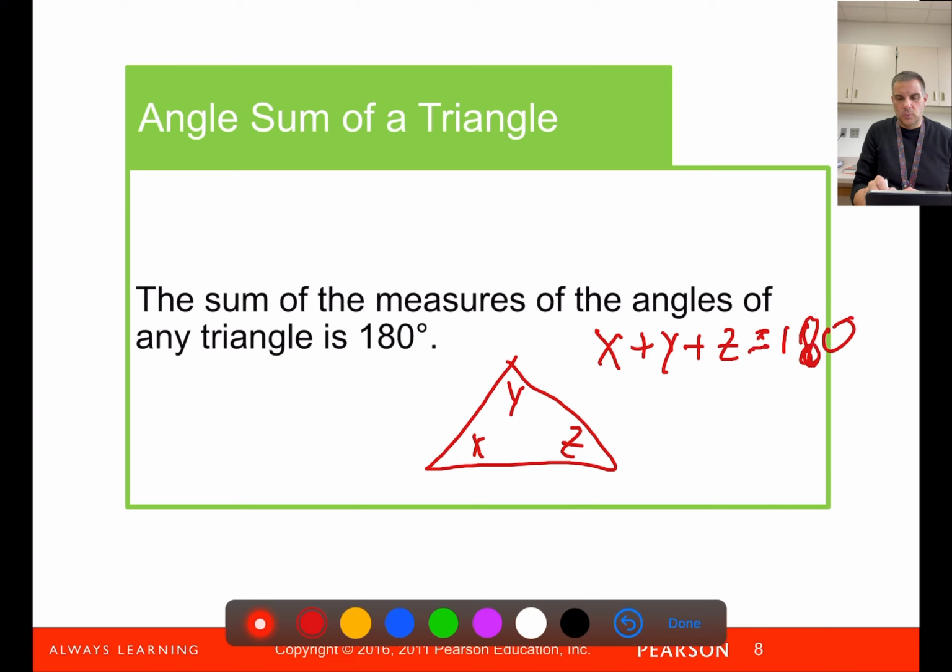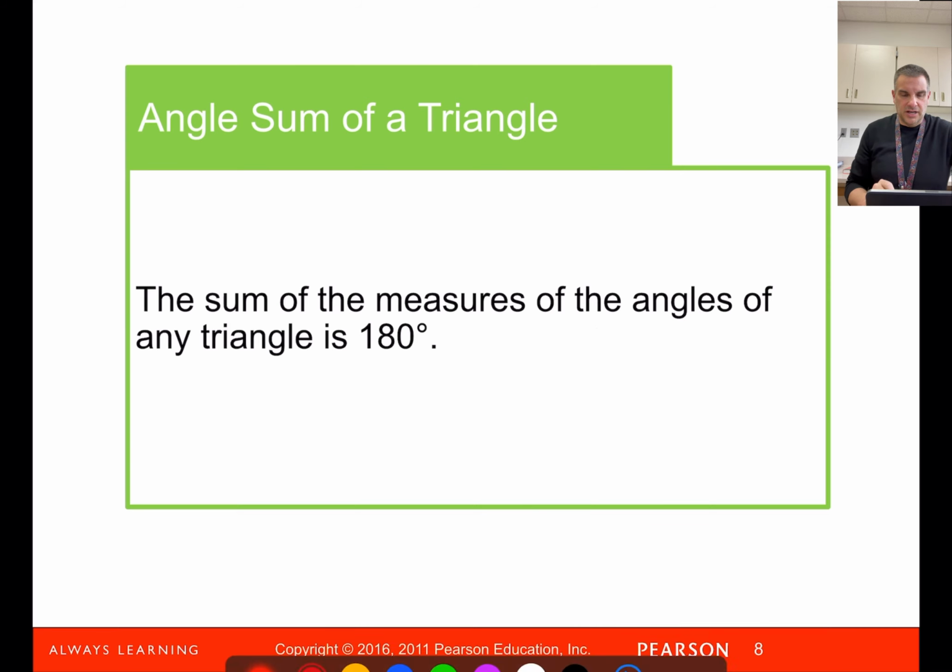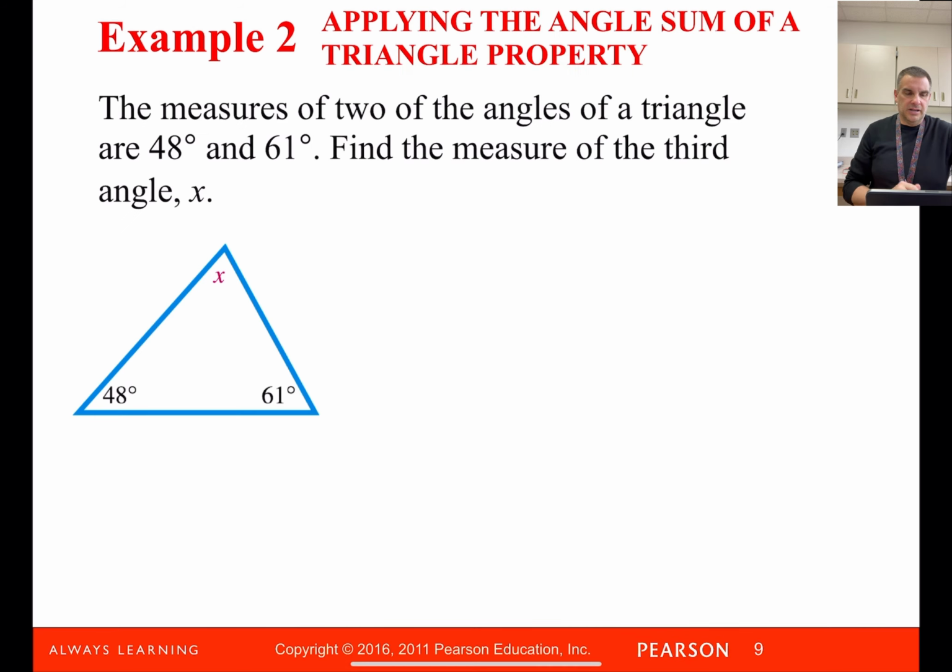And this was probably one of the most things that was ingrained in your head in geometry. And so you've seen this thousands of times. The sum of the interior angles of any triangle is going to be 180 degrees. So if they give us the two measures and we want to find the third, just have to add them all together and set it equal to 180 degrees.